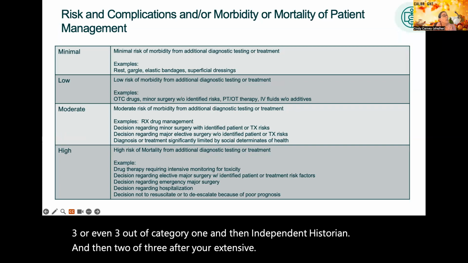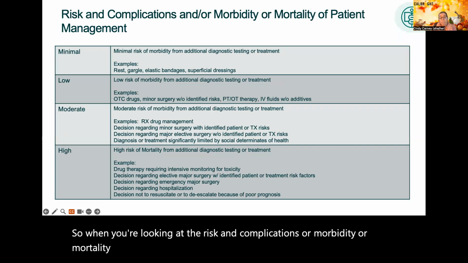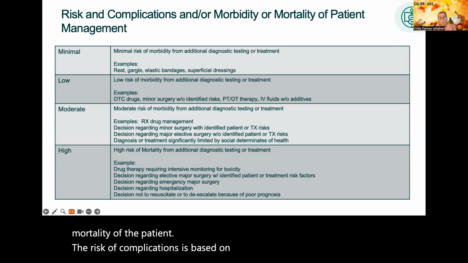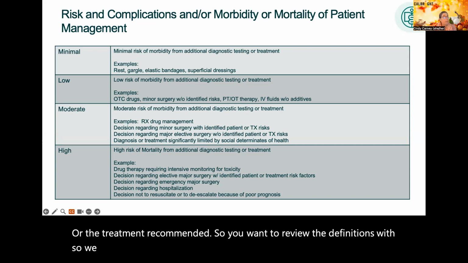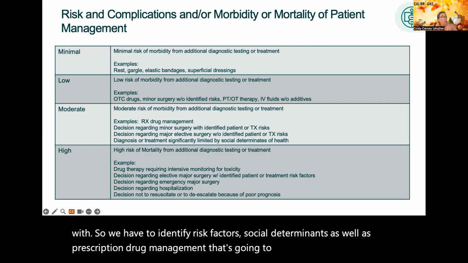So then you're looking at the risk of complications and or morbidity or mortality of the patient. The risk of complications is based on these 4 items and or the treatment recommended. So you want to review the definitions, so we have to identify risk factors, social determinants, as well as prescription drug management that's going to play a role in the patient's management.